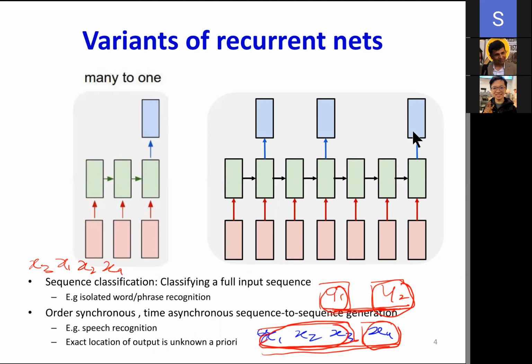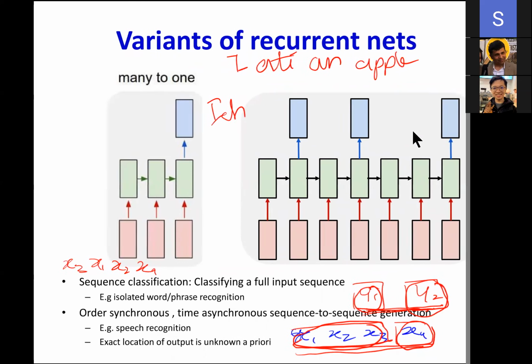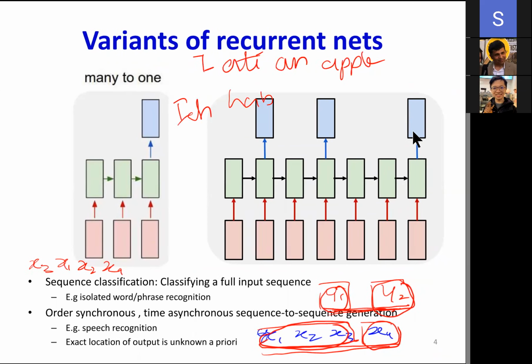A counter example is, for instance, if you're doing text machine translation. I ate an apple. Now, if you translate this to German, it would say, ich habe einen Apfel gegessen.